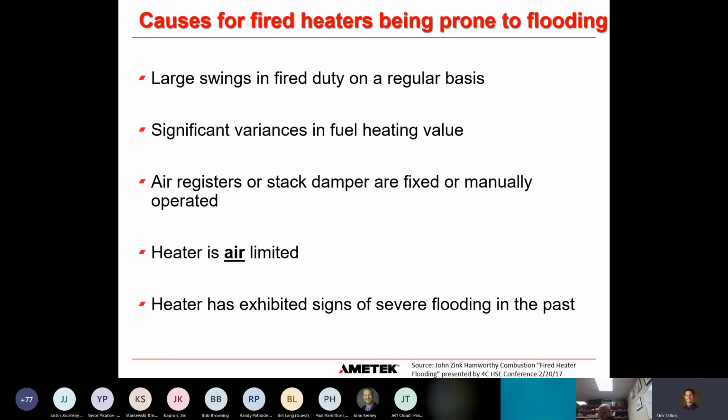There could be something mechanical, with the air registers not working properly or having to be manually operated, or a heater that is just naturally air limited, and any type of heater that might have had a flooding instance in the past. Those are some common causes for fired heaters being prone to flooding with some type of fuel accumulation.